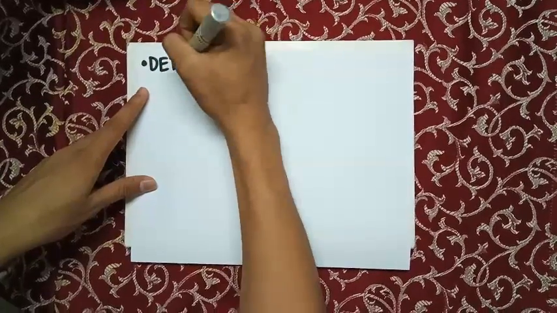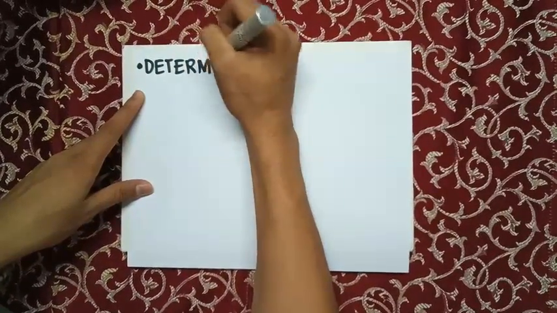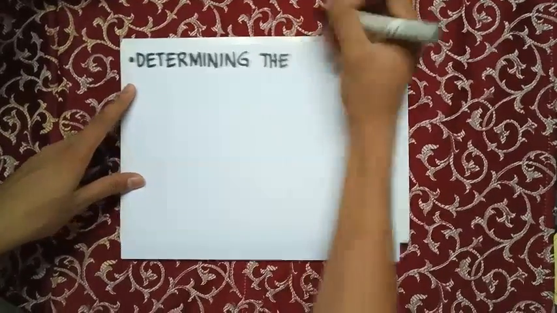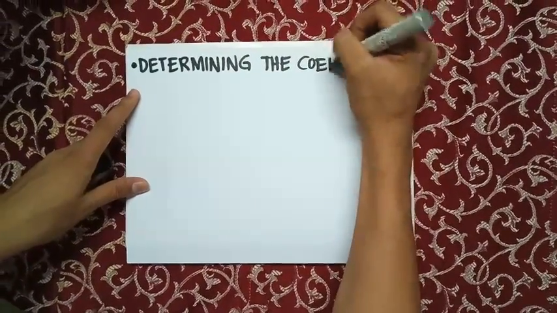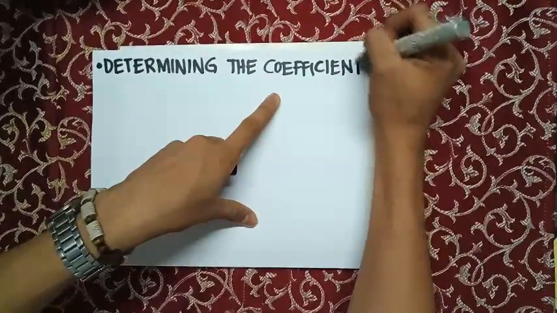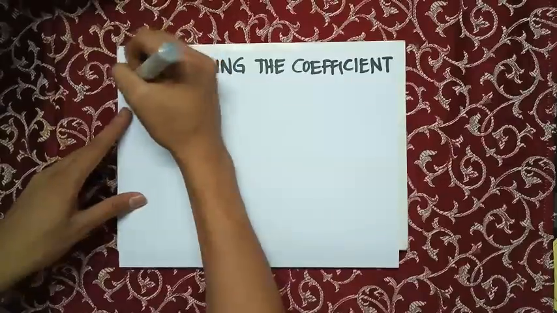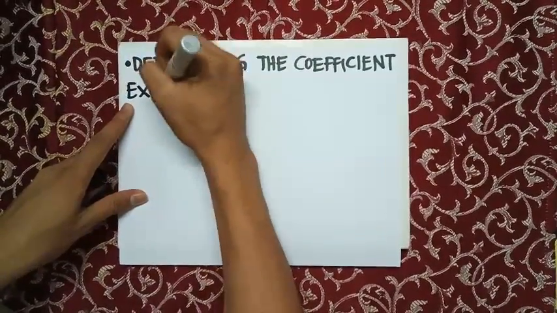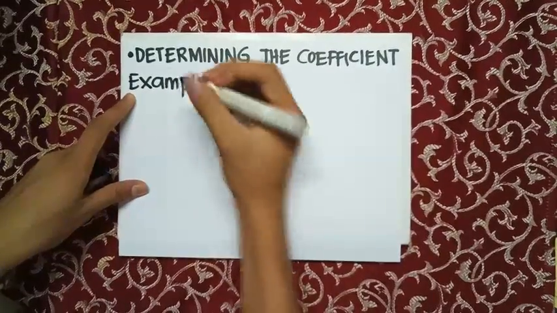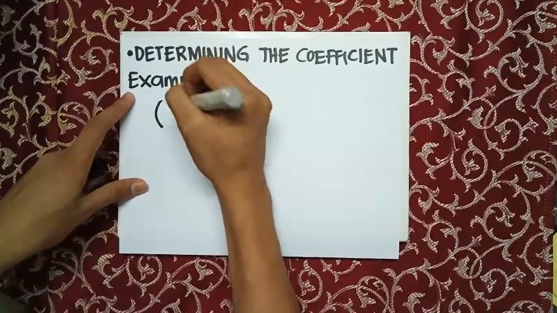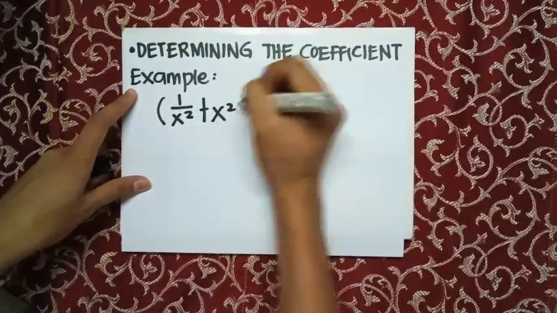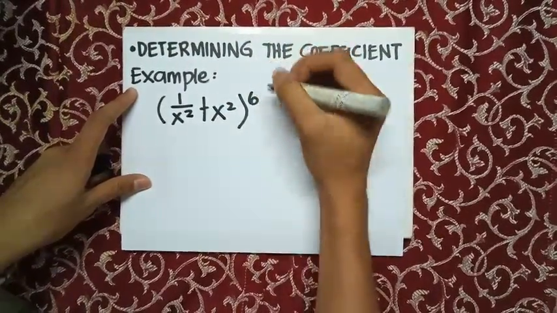With that, we will be using again the quantity a plus b raised to n is equal to the quantity n choose r minus 1 times a raised to n minus r plus 1 times b raised to r minus 1. Example: quantity 1 over x squared plus x squared raised to 6.